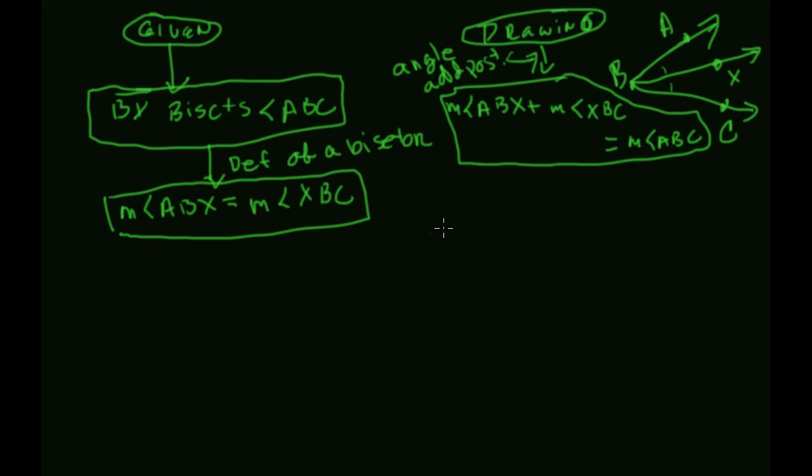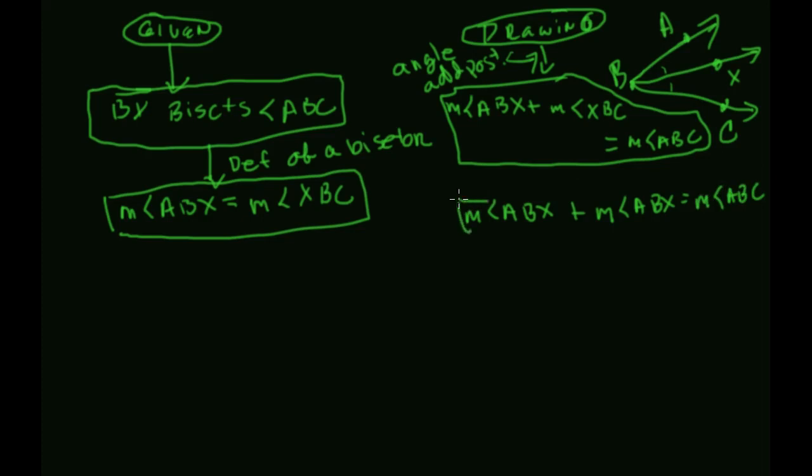Now, why did I do this? Because I can use these two together. See, these two are equal, and they're both in here. So I can take that one out, put that one in, and I can say that the measure of angle ABX plus the measure of angle ABX is equal to the measure of angle ABC.